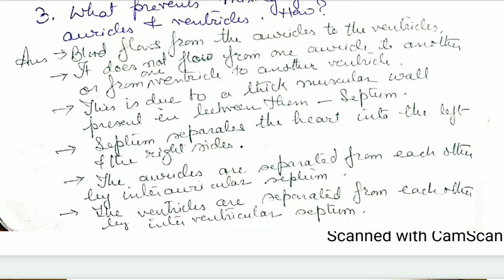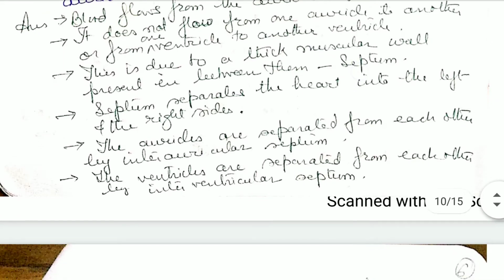It is present in between the auricles as also in between the ventricles, that is known as septum. And the septum separates the heart into the left and the right sides.